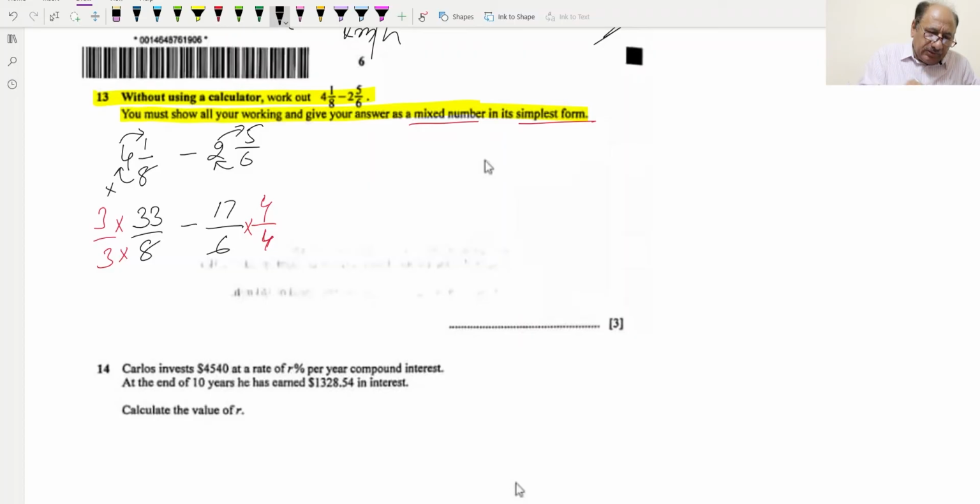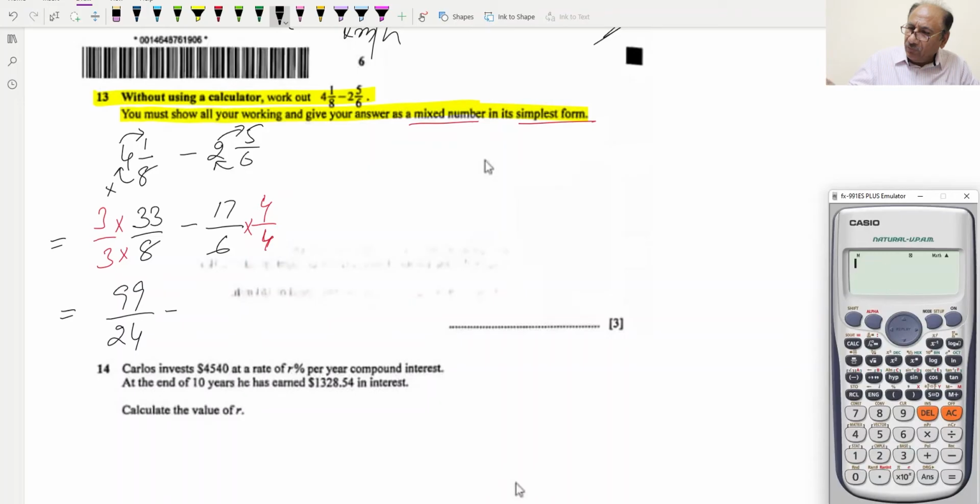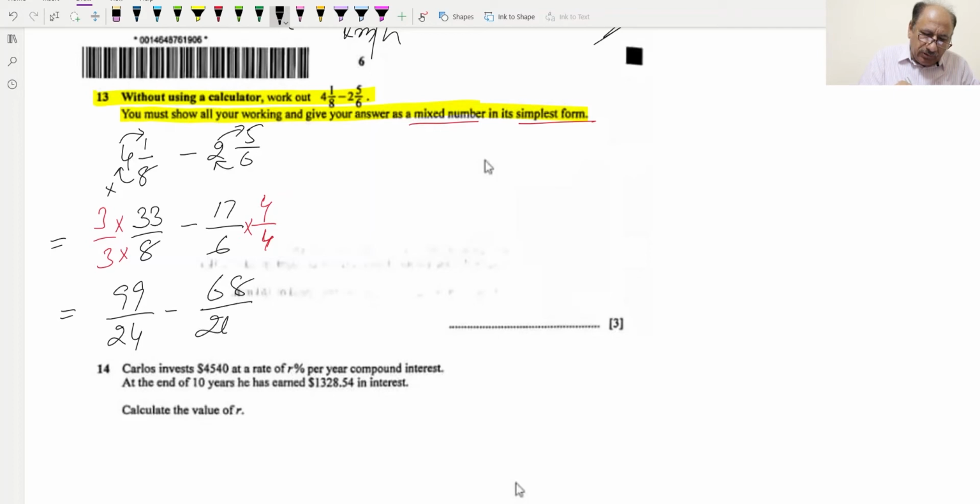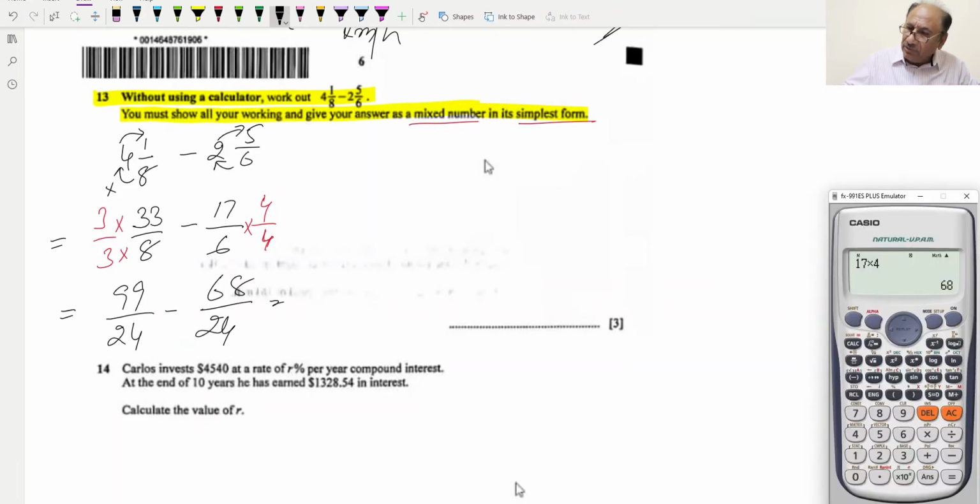So what will be the next step? Next step will be 33 multiplied by 3 will be 99 over 24, and minus 17 multiplied by 4 will be 68, so 68 over 24.